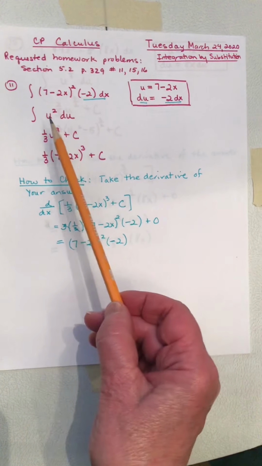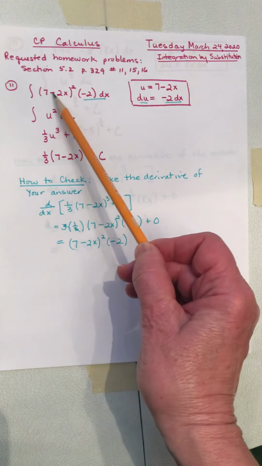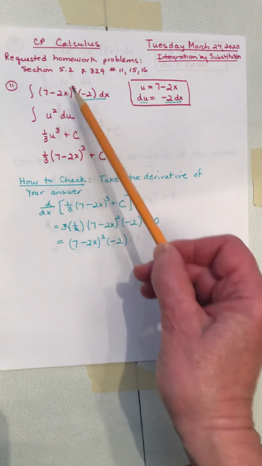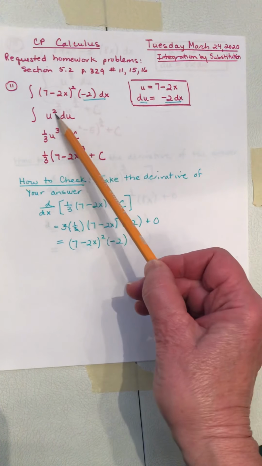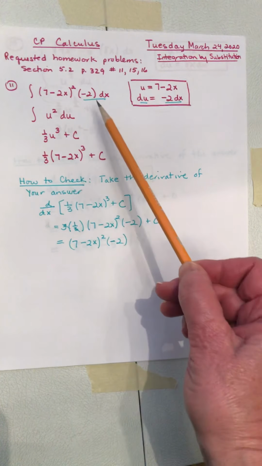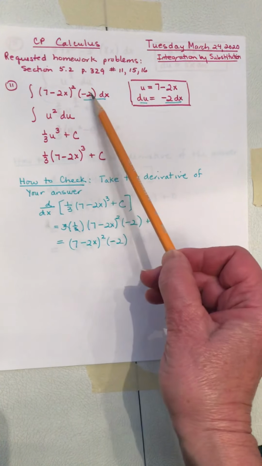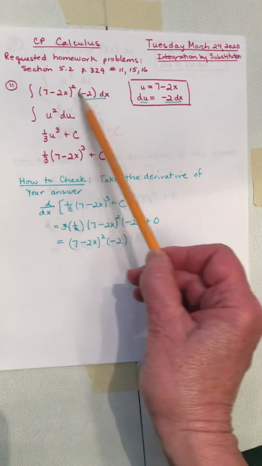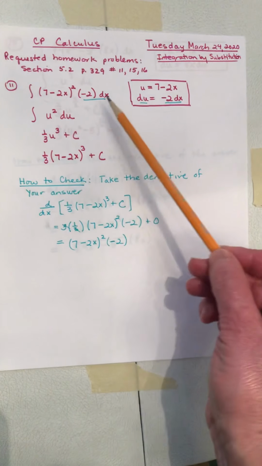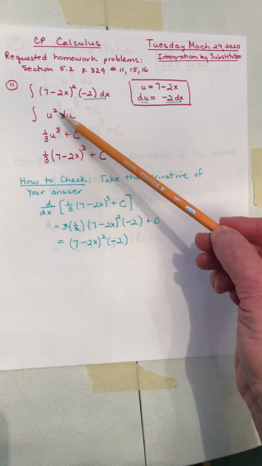So, the substitution goes like this. Our u represents 7 minus 2x. That comes out, the u goes in. We keep the exponent, the second degree, squared, and our du covers negative 2 dx. So now this integral says the same thing as the original. Now I'm going to integrate, and we add 1 to the exponent.